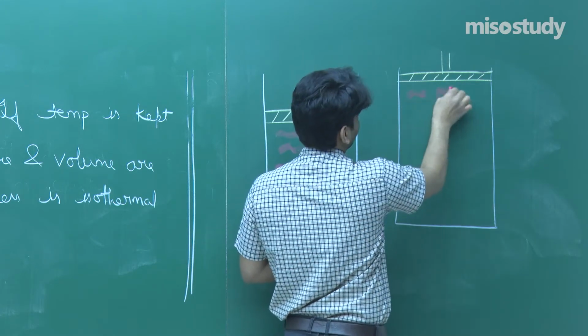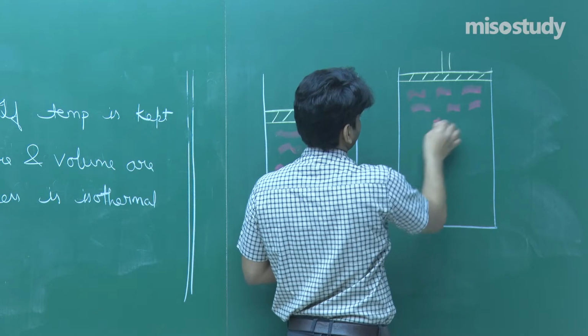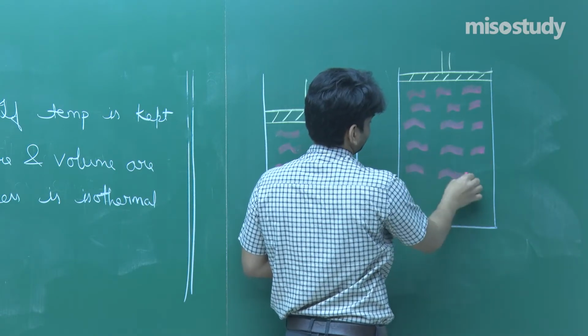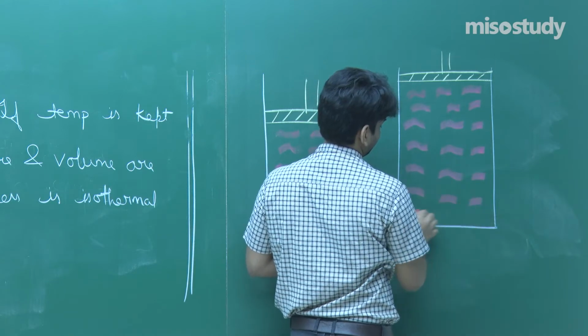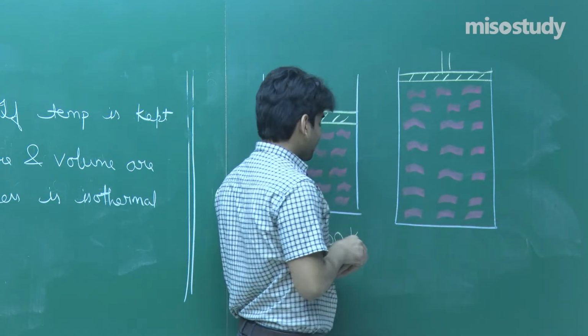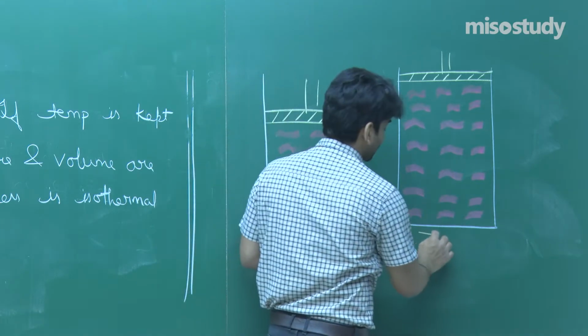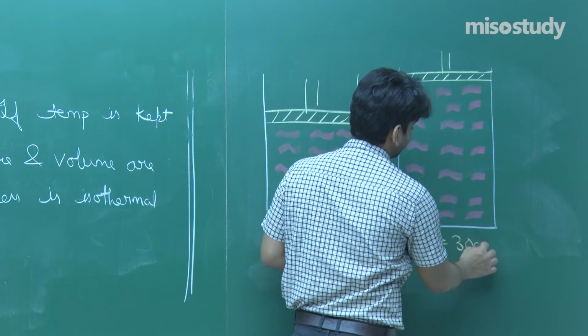This is what we will be finding. In this case, the temperature has to be the same, that is 300 Kelvin. So I'm keeping the temperature at 300 Kelvin here also.